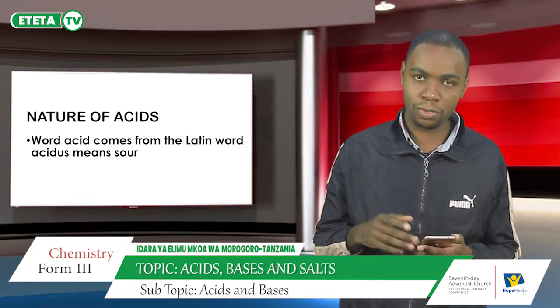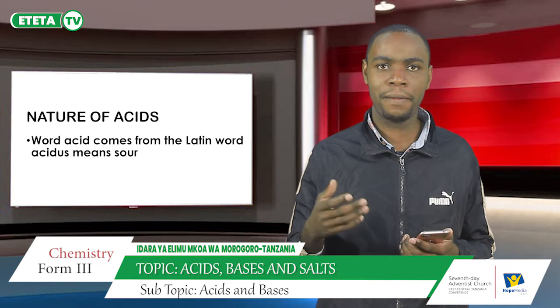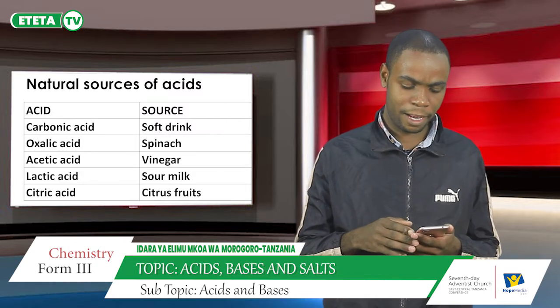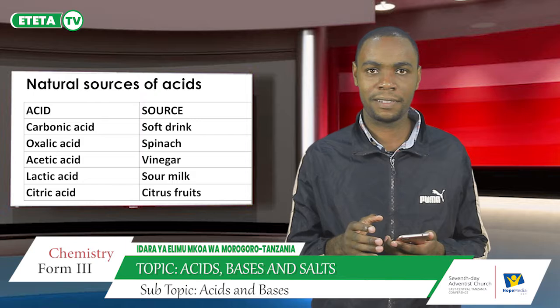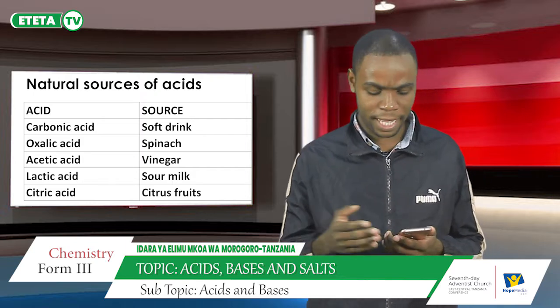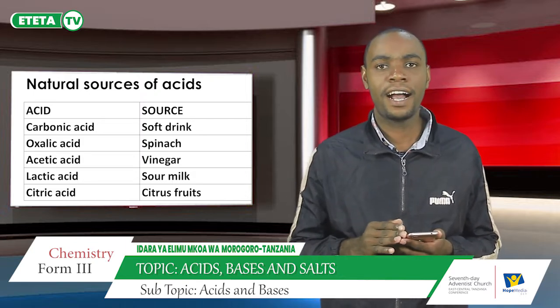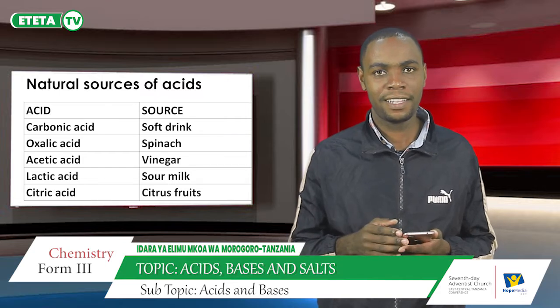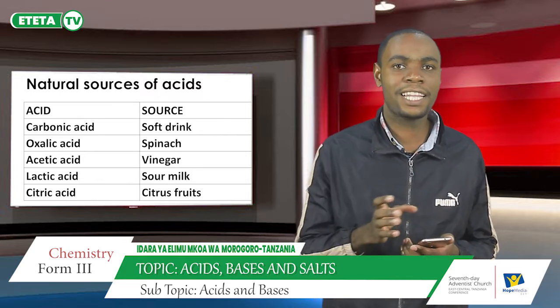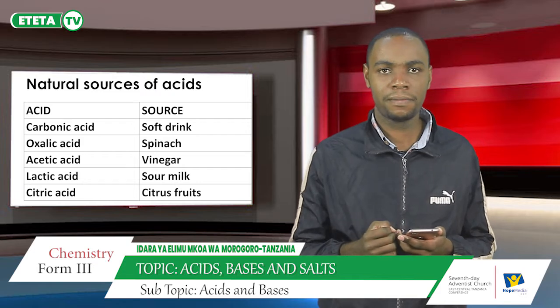We have plenty of natural sources of acid. Let's look at the acid and its source. The first one is carbonic acid. The source of carbonic acid is soft drink. Another is oxalic acid. The source of oxalic acid is spinach.